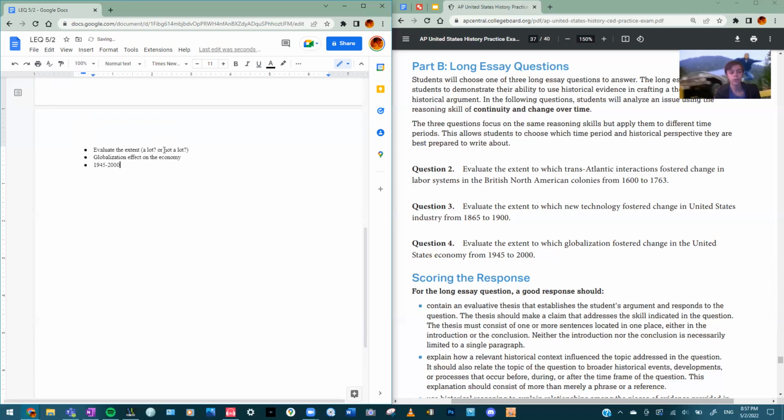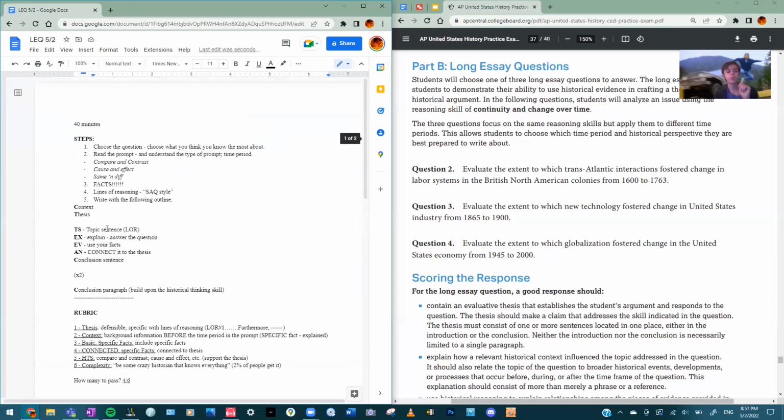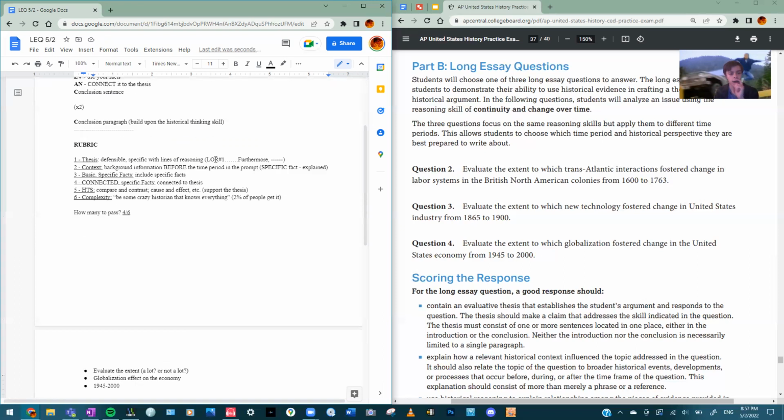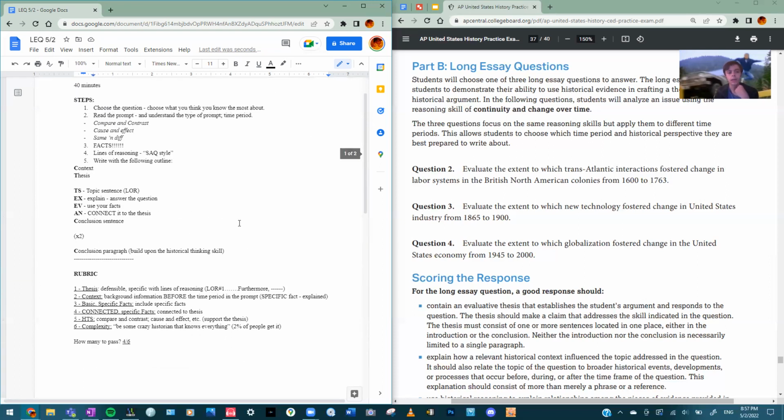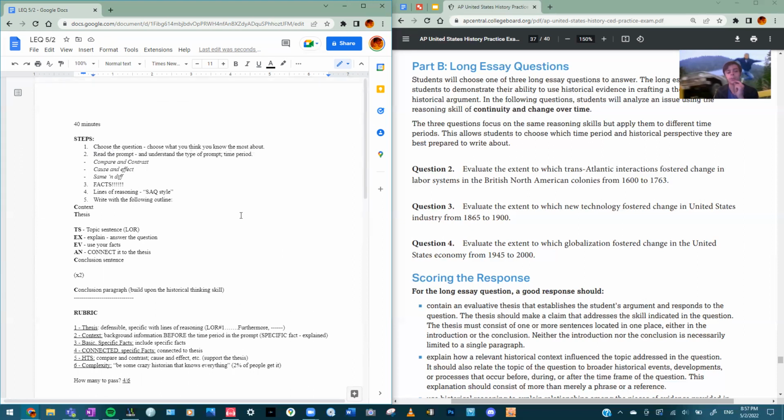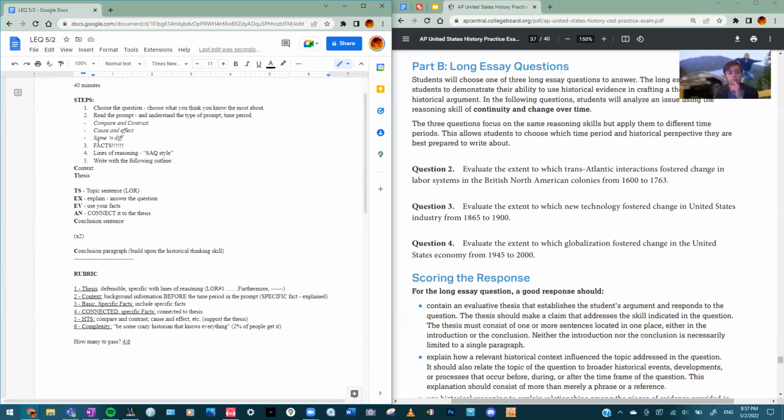My specific facts cannot be outside of this, and my context must be before 1945. These are the three things that I take note of. And now I'm looking at what kind of prompt is this? This is a continuity and change. Sort of cause and effect, but more of continuity and change, which I said is same and diff.